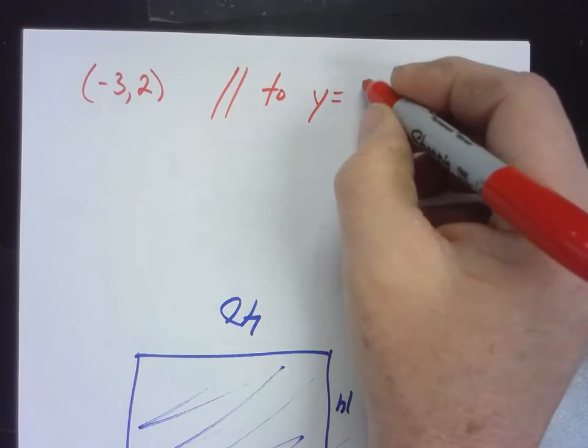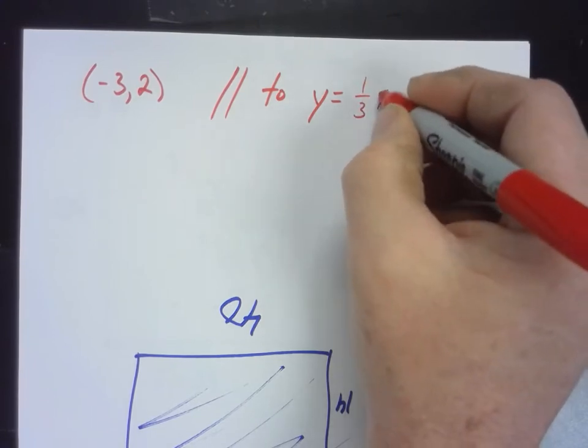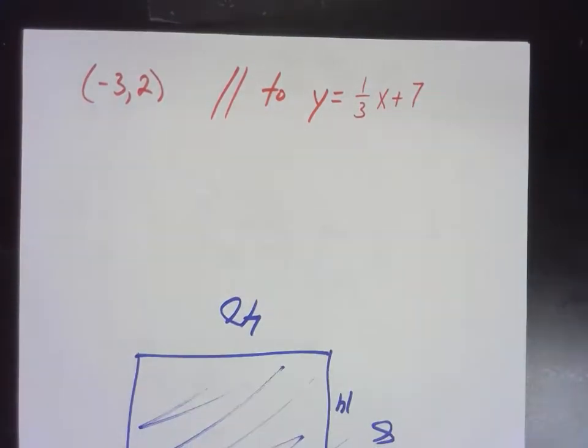So figure out your slope and your point. Do point-slope form and then get it into slope-intercept form. Watch the signs.